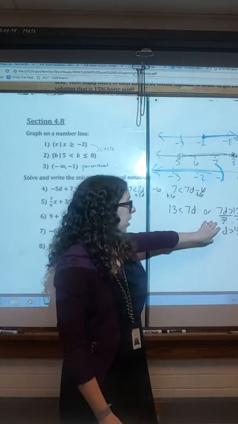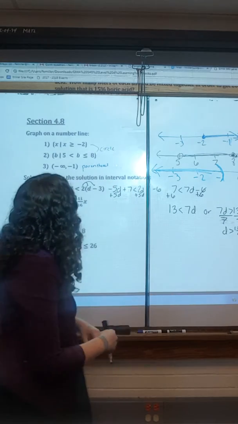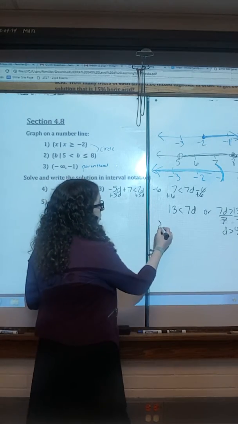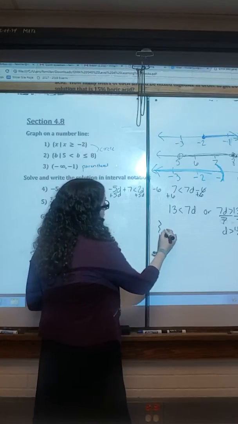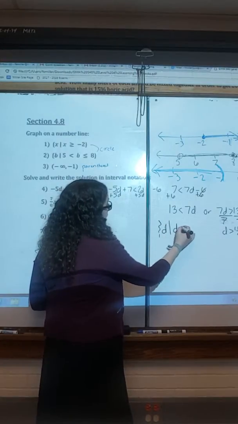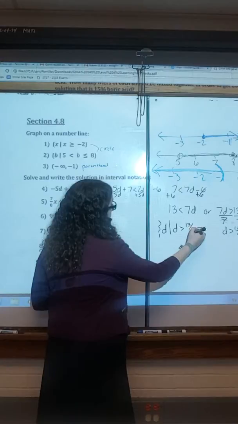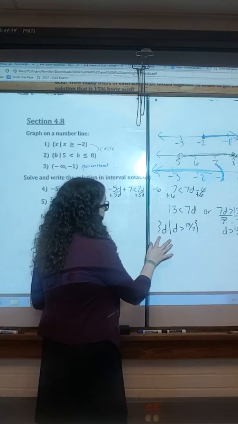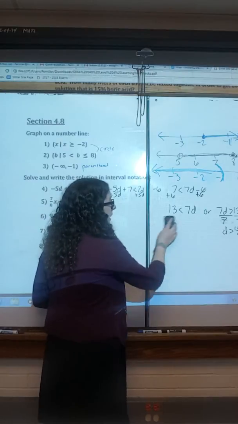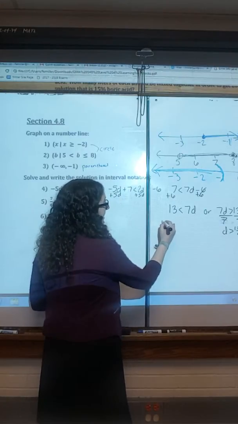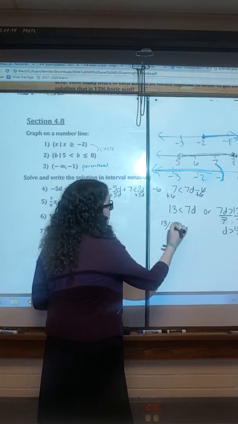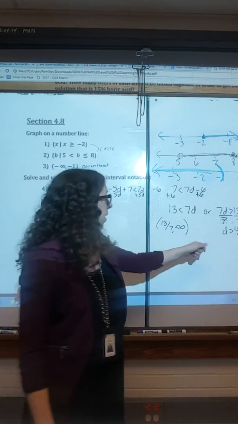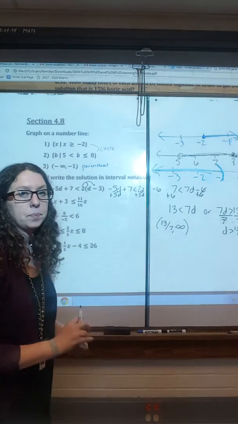So we're looking at all the numbers that are bigger than 13 over 7. Never mind, that's set notation. I lied, sorry, Aileen. We would say 13 over 7 to infinity, because we want all the numbers that are bigger than that. And since we don't have the underline here, that's why it's a parenthesis.